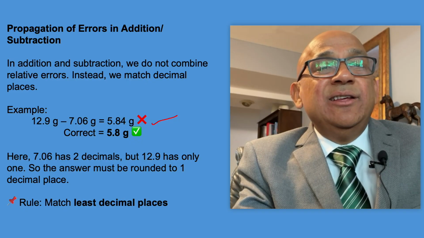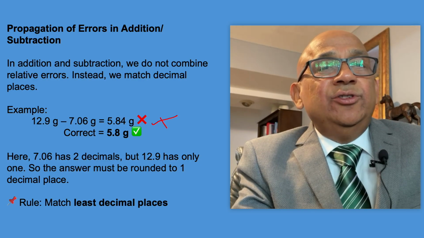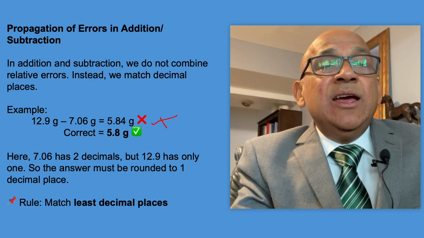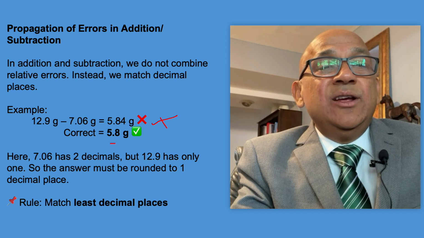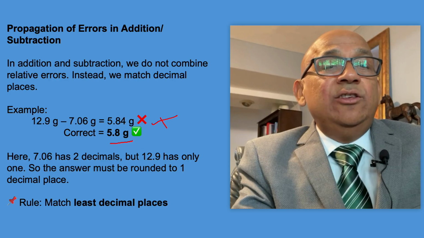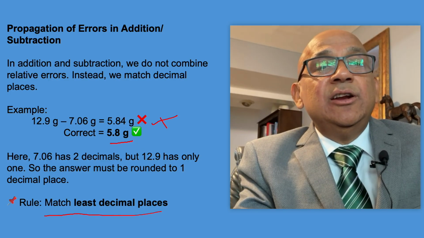If you write 5.84, this will be the wrong way of writing, because we are seeing that in 12.9 there is only one decimal place. So the answer should be rounded to one decimal place. We have already discussed this in a previous slide also. So the number which we will report in the correct format will be 5.8 grams. So the rule is to match the least decimal places.